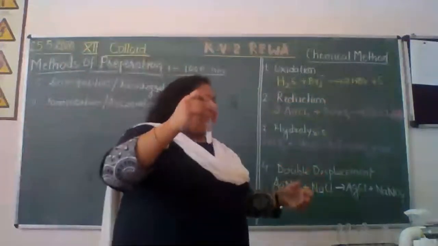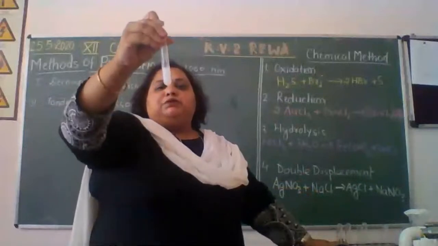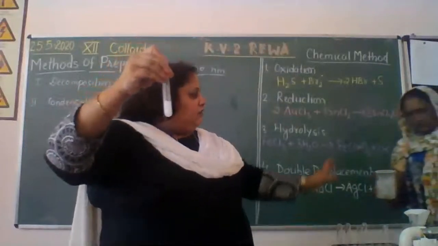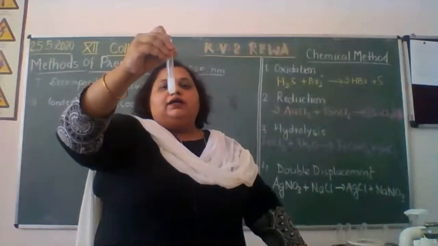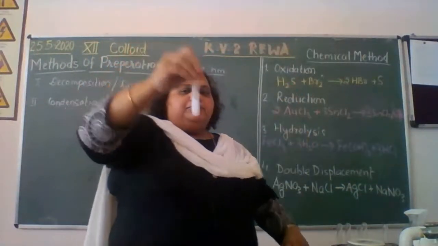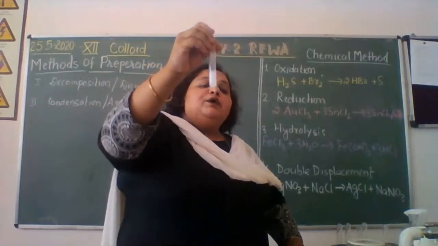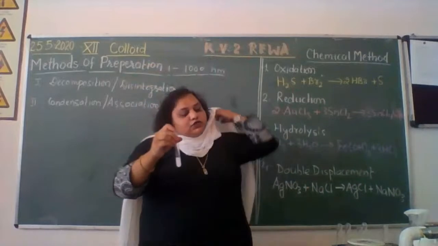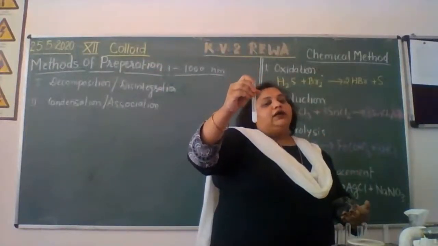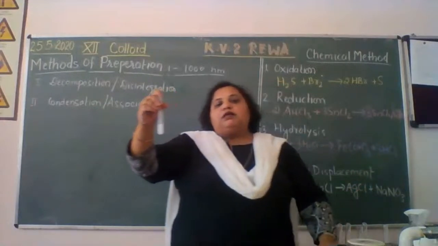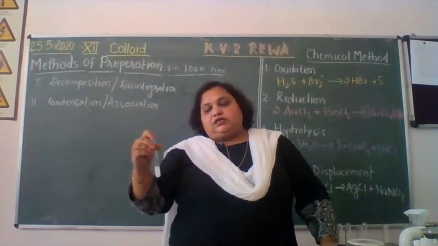Simply take the freshly prepared precipitate, and this freshly prepared precipitate is to be converted into the colloid. This is called peptization. Peptization is the process of converting a precipitate into a colloidal solution. This method is just opposite to precipitation.